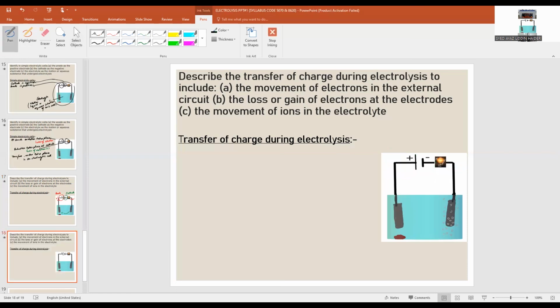So during electrolysis, there's movement of electrons in the external circuit through conductors, loss and gain of electrons at anode and cathode simultaneously, and movement of ions in the electrolyte.